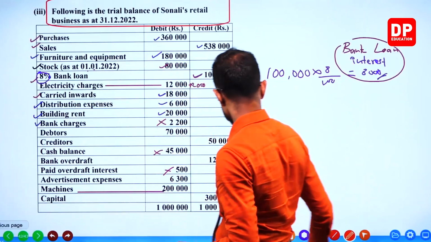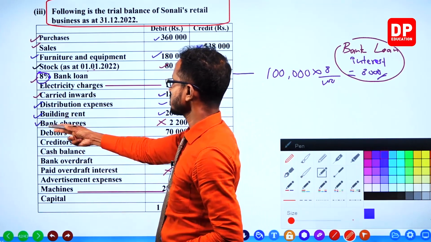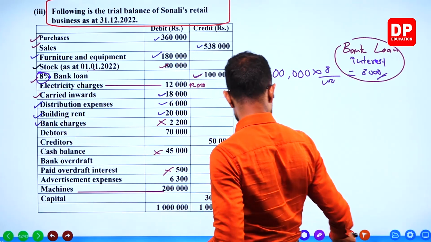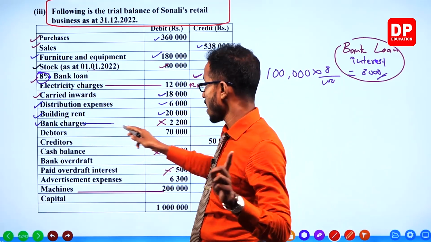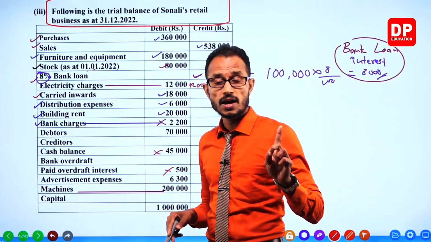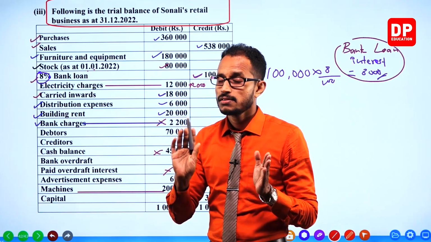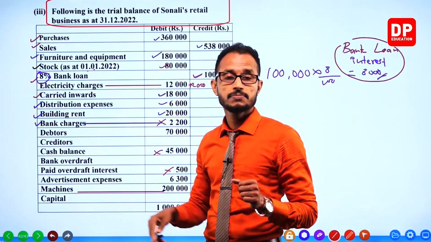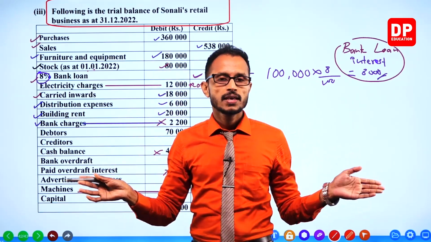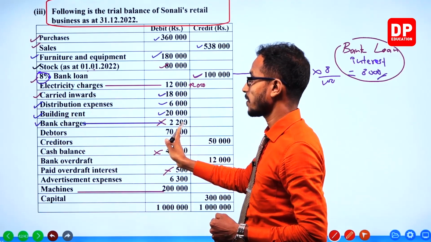Now the item that we marked. What is that item? Bank charges. I marked it with a cross because I wanted to show you that bank charges is not related to bank loan interest. We did bank loan interest and we recorded both sides. Now this is bank charges. Bank charges is just an expense.